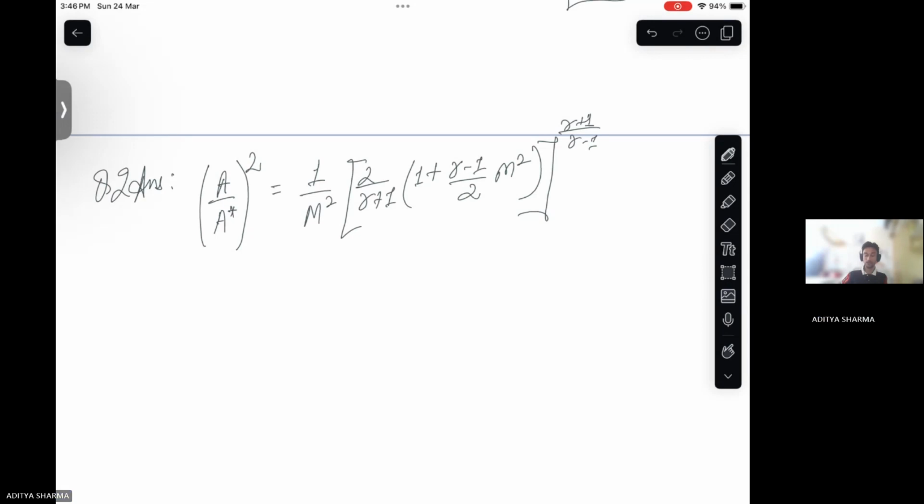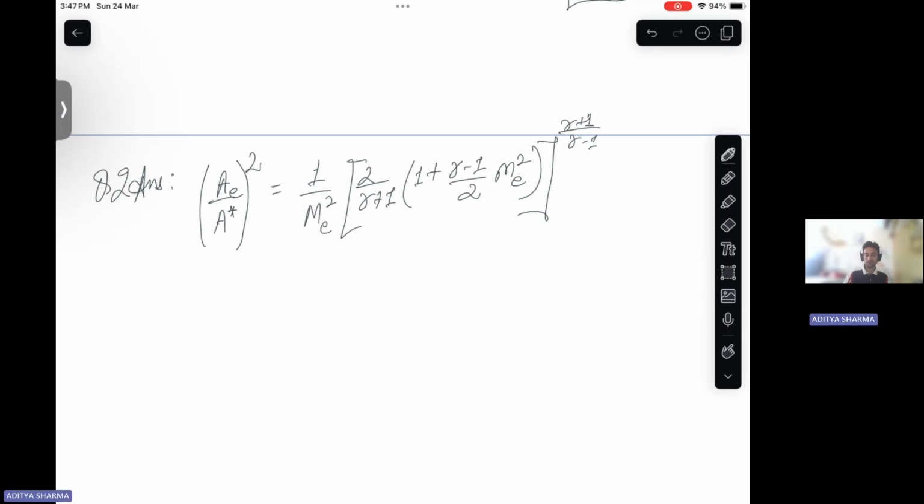And M is the Mach number which corresponds to the area A. If we have this general formula in hand, then for the exit of the nozzle case, this formula becomes this.